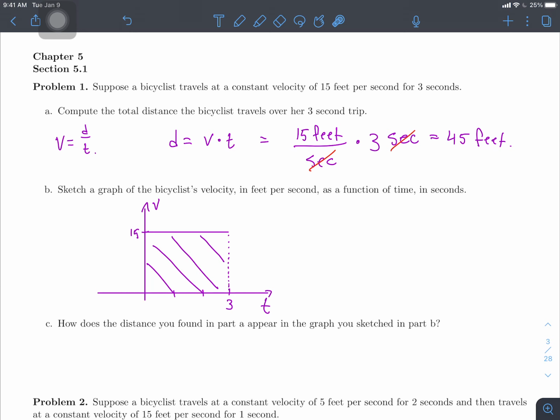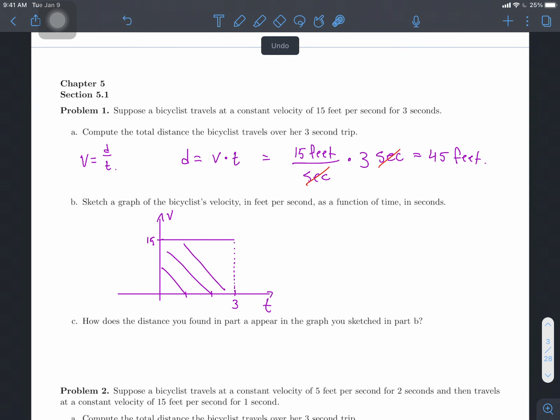Well, accumulated change is going to be represented as the area under a curve, and we're going to develop all sorts of techniques for how to find that area, right? So it's the area under v of t from t equals 0 to t equals 3.